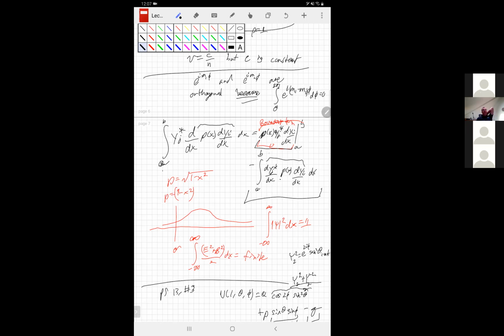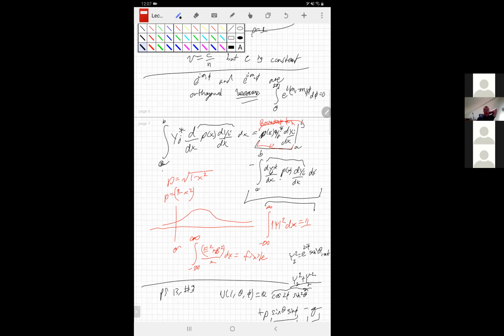Sometimes p is 0 at one of the bounds and y is 0 at the other. Sometimes y is 0 at both of the bounds because maybe you're doing a particle in a box, or you're doing a function that has to be normalized, like a wave function whose integral has to be 1, which means the wave function has to go to 0 at plus or minus infinity.